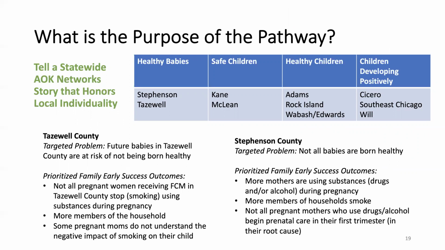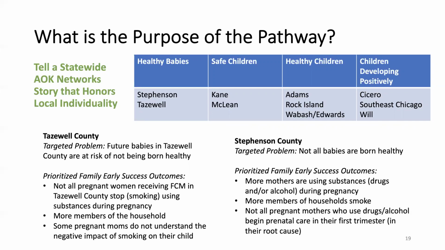As you're all probably familiar, it can be really challenging to tell a statewide story when you have many different networks, all doing their own assessment, their own planning, and coming up with solutions that work for their communities. But with the developmental pathway and the way we organize our child and family initiatives, it allows us to tell both the big story and the individual story at the same time.